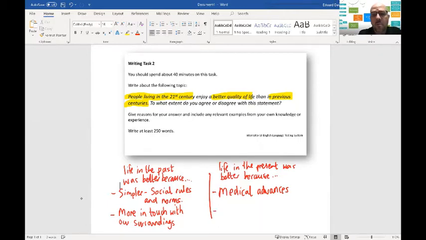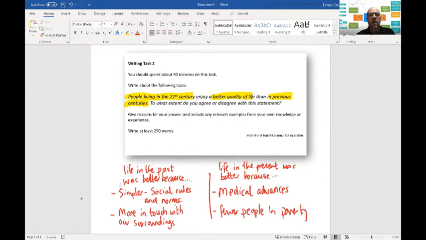I could also talk about poverty, right? There are fewer people living in poverty now than in the past. So even though when I first looked at the question, I didn't have an obvious position to take, now that I've outlined my arguments, one side seems to be slightly stronger than the other.